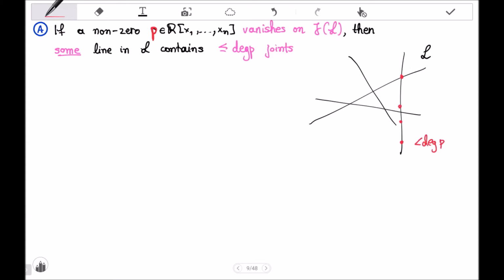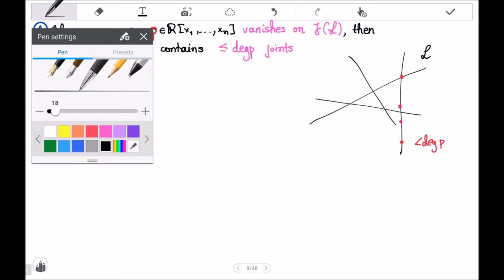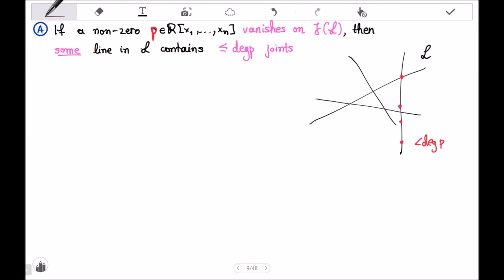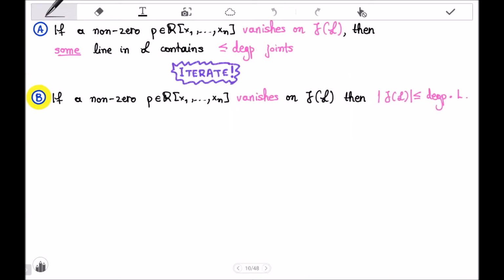Okay. Then the next step is to carefully iterate this to get control for all the joints. So that's what we'll do next. We'll iterate this to show that if we indeed find a polynomial vanishing on our joints, then all the joints can be controlled in total by the degree of that polynomial.